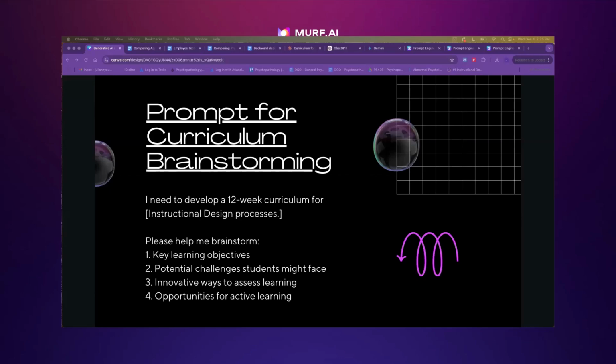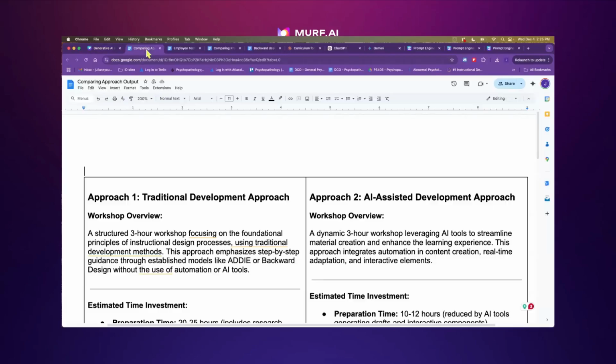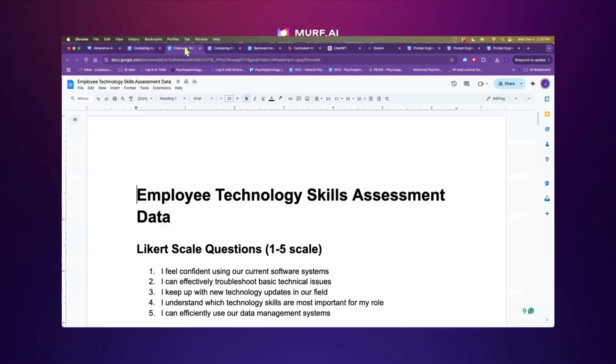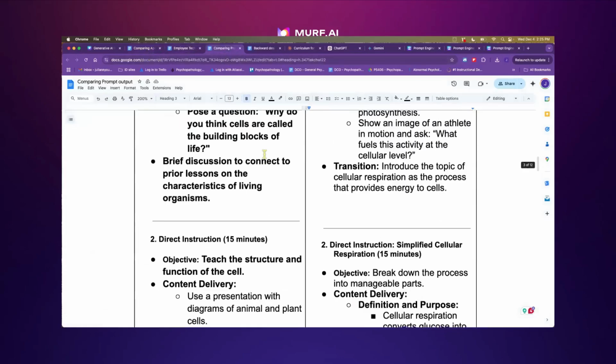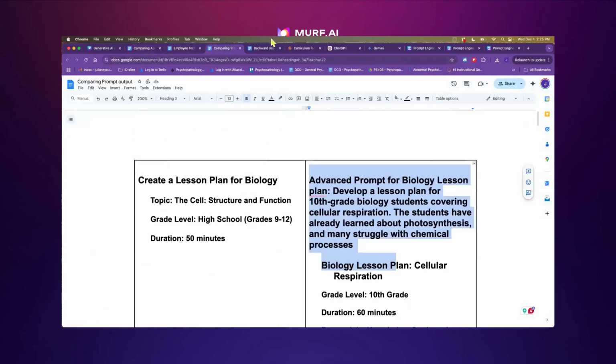All right, so let's see what this looks like when we put this into ChatGPT. No, it's not going to let me do that. Give me 1 second.